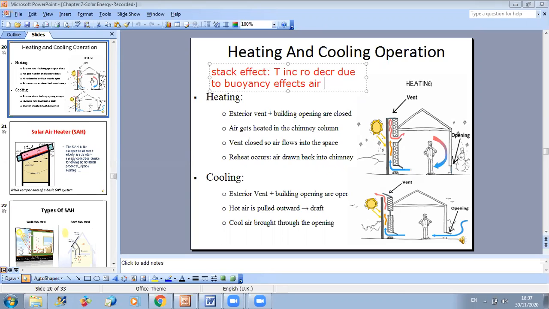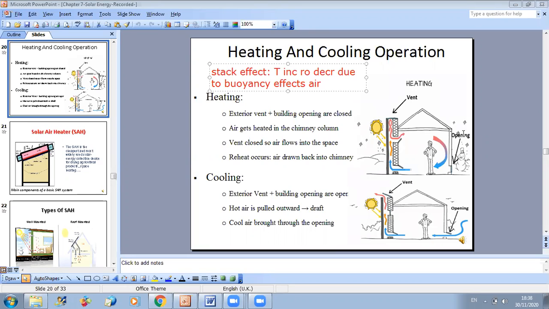What we are explaining now is mainly the stack effect, and when you use a solar chimney, it's mainly based on stack effect. When you have wind, you can rely on Bernoulli, because due to pressure difference, you just open your windows, and by opening your windows, air will circulate due to pressure differences.